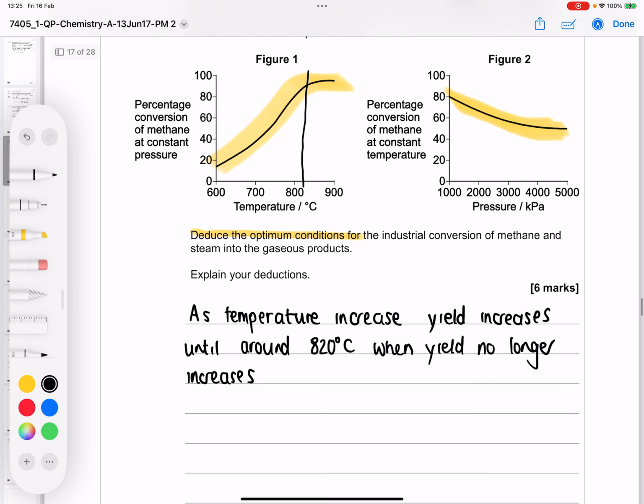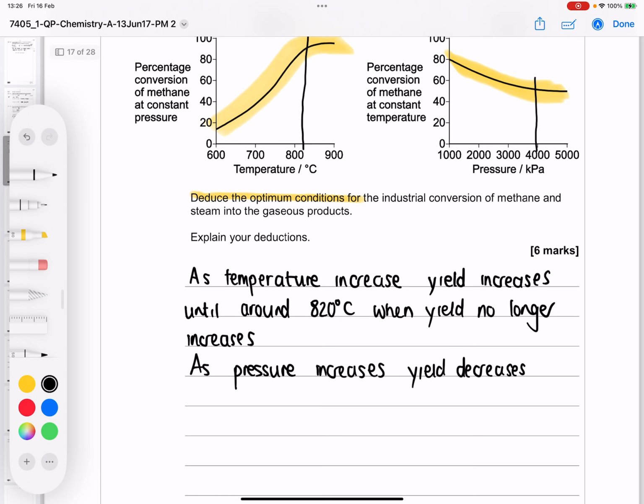Now if we look at the other graph, we can see that as pressure increases, yield decreases, although again it kind of levels off around 4,000. So above 4,000 kilopascals, yield remains fairly constant. That's just really what the graphs are showing us.